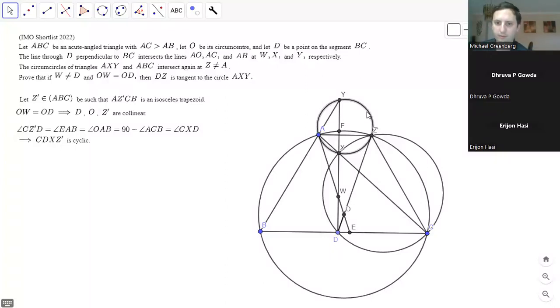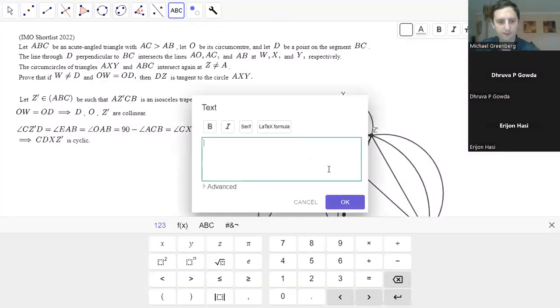So we have YAZ prime equals YBC, which is ZCD, which is ZXY. Okay, I'll just make them all Z prime. Angle YAZ prime equals angle YBC, which is angle ZCD, which is angle Z prime XY.